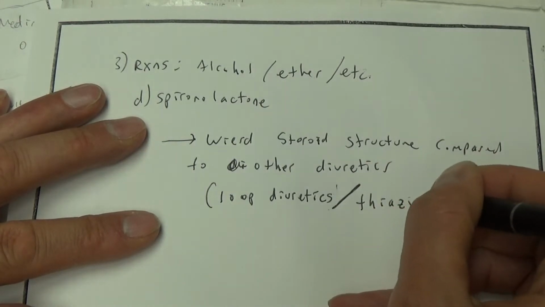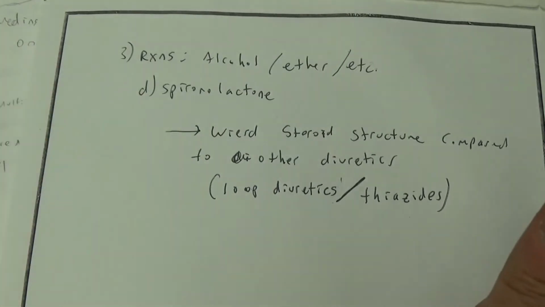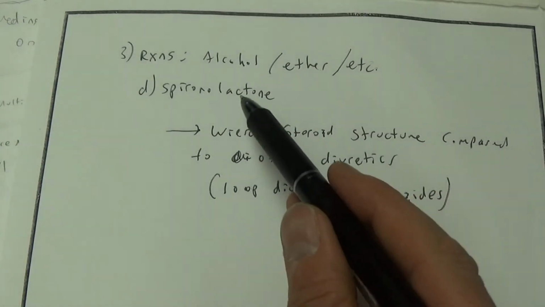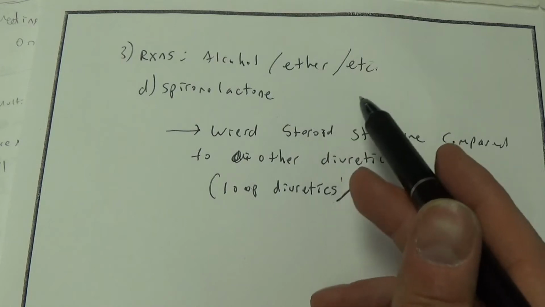And we mentioned that the reason is because spironolactone inhibits the aldosterone receptor.